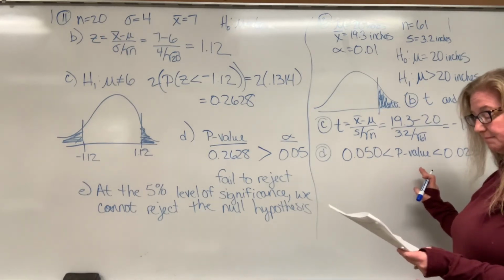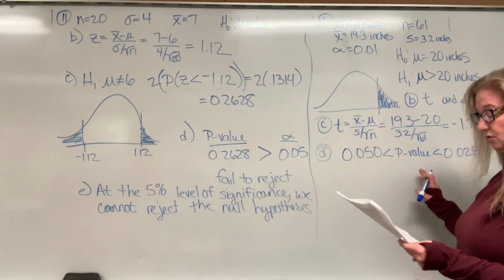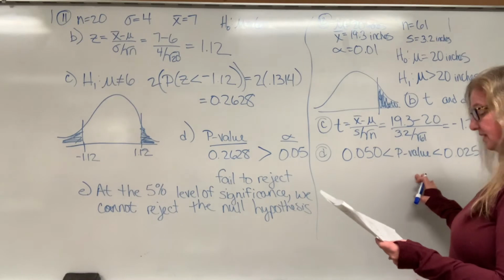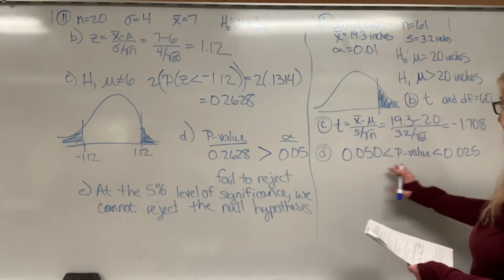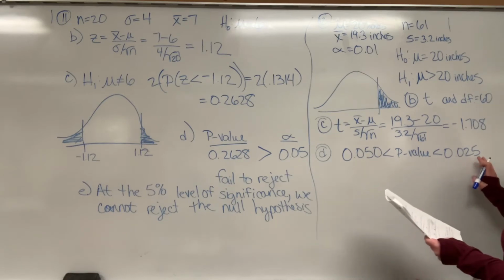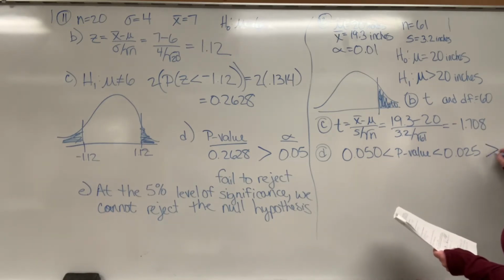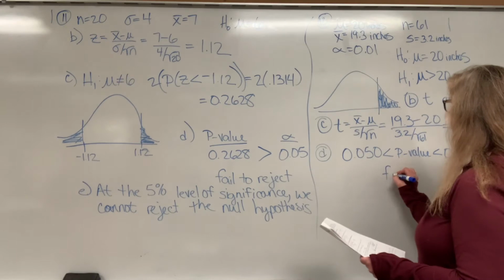And then the last question says, do you reject or fail to reject the null hypothesis? Well, I'm comparing this to 0.01. So when I compare this range of values to 0.01, they are always bigger than 0.01. So I fail to reject.